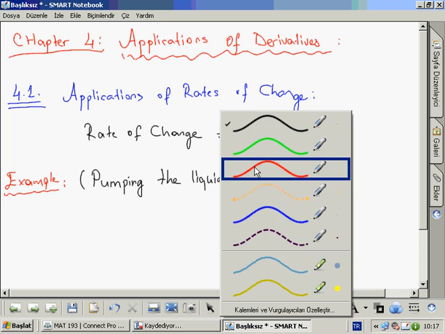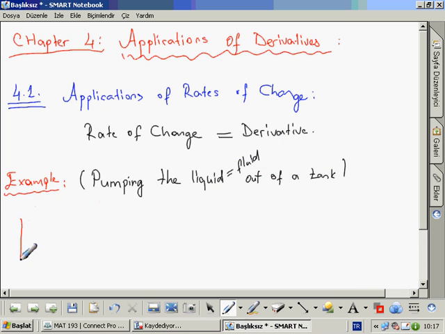Let me sketch some graph about it. Here is a valve, and this is the water height, and this is our tank, and the water goes from here.